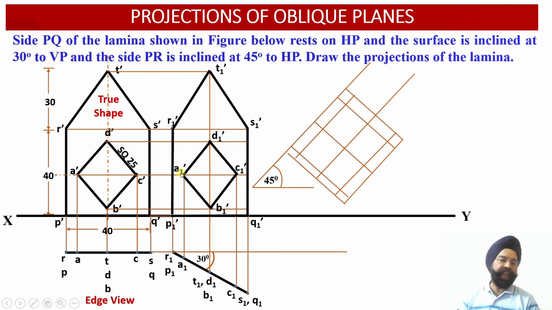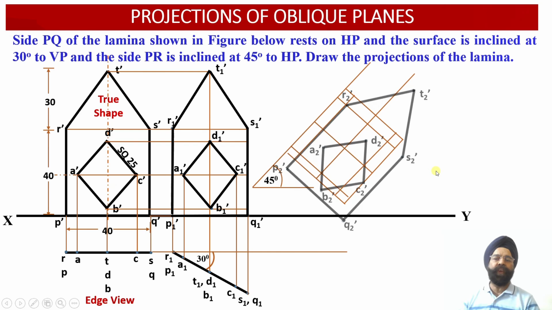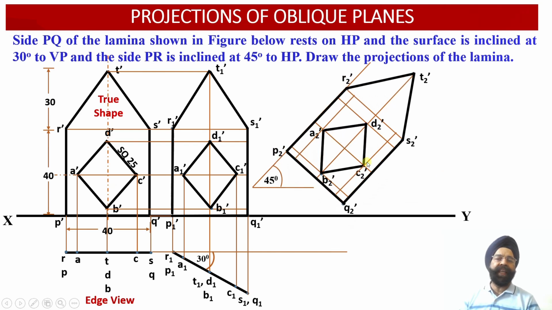So points A2 dash and C2 dash will be located over here. So this way, using rectilinear distances, we have been able to locate P2 dash, Q2 dash, R2 dash, S2 dash, T2 dash and then A2 dash, B2 dash, C2 dash and D2 dash points over here.